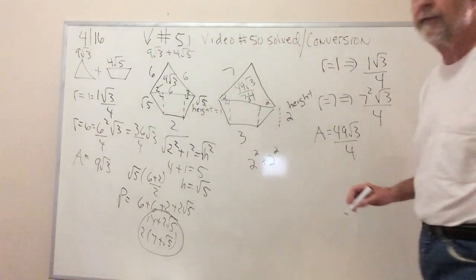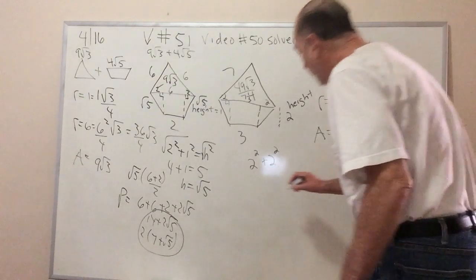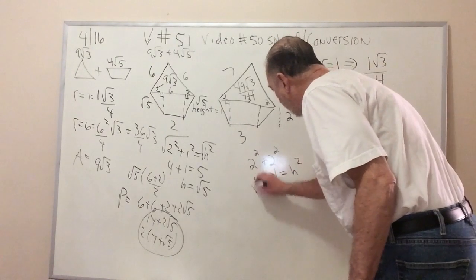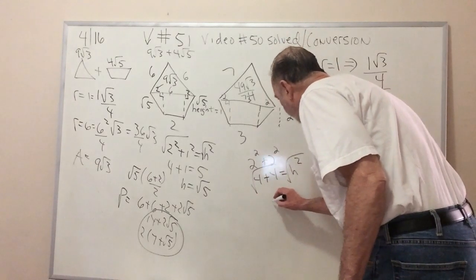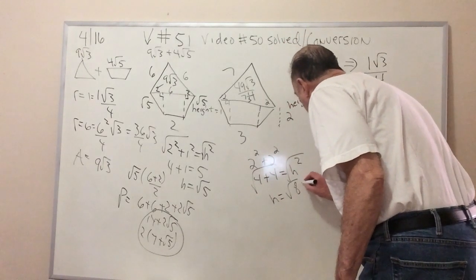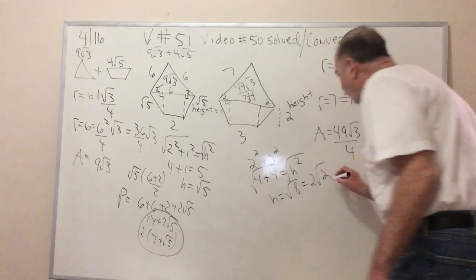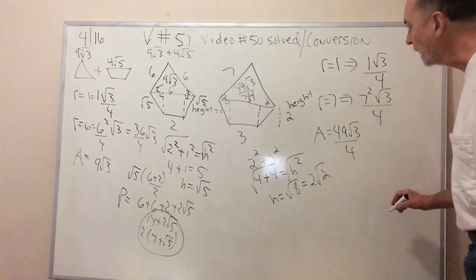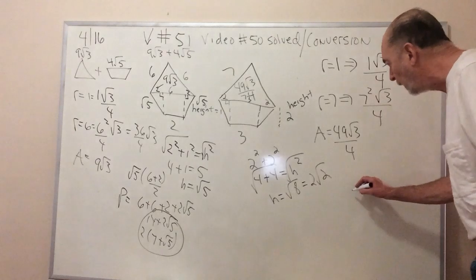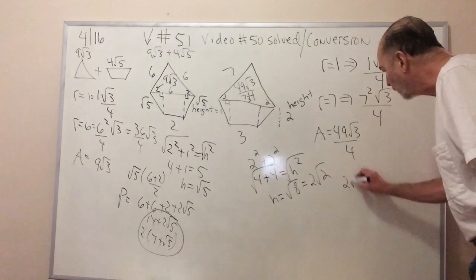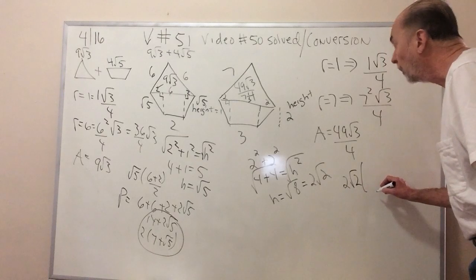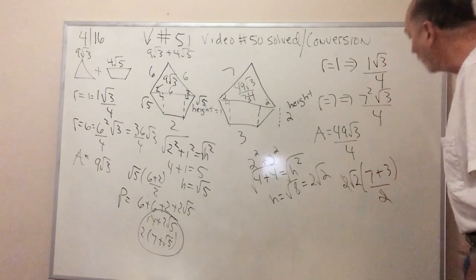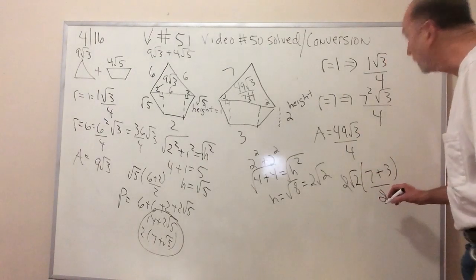Oh, it's really an isosceles triangle if you think about it, and that's 4 plus 4 equals h squared, and again we take the square root of both sides, so h equals radical 8, which is equivalent to 2 radical 2. Math that's been discussed. So now we figure out over here the area of this particular trapezoid, which is 2 radical 2 times 7 plus 3 divided by 2. Any way you want to do it, you can do it. And so this would be 10 radical 2.